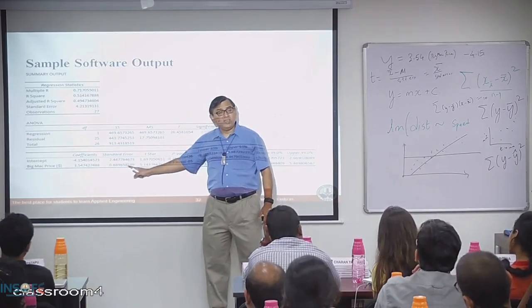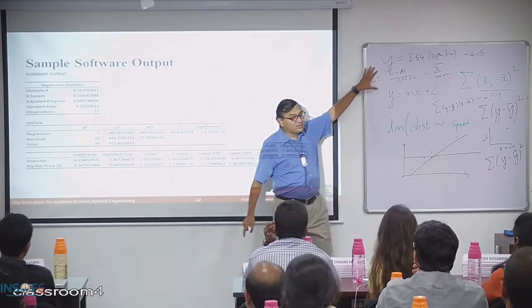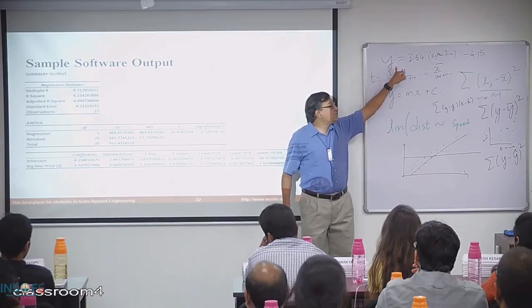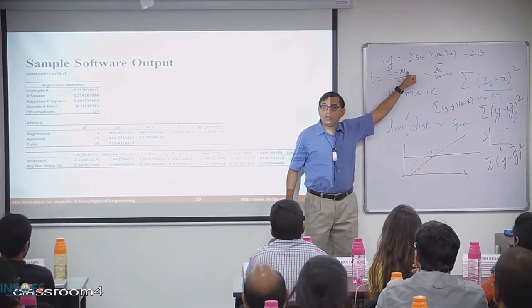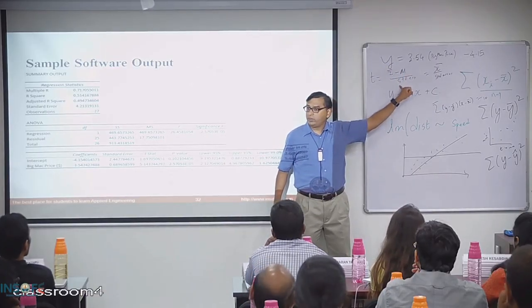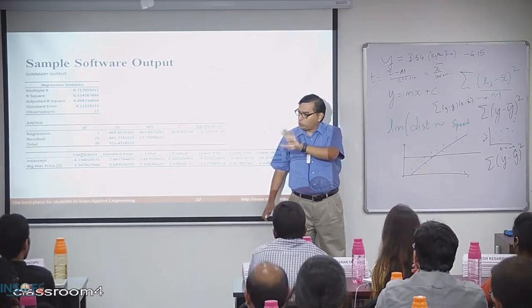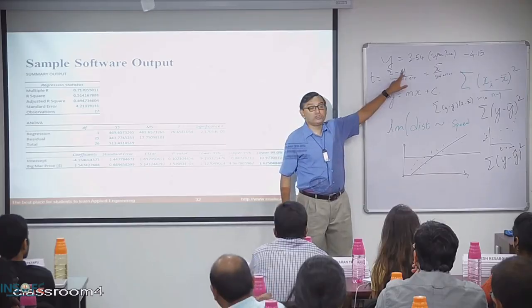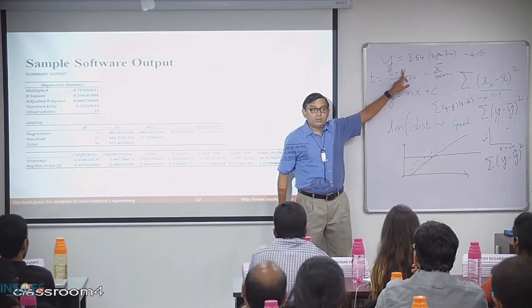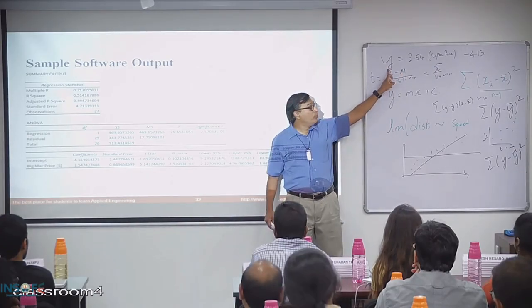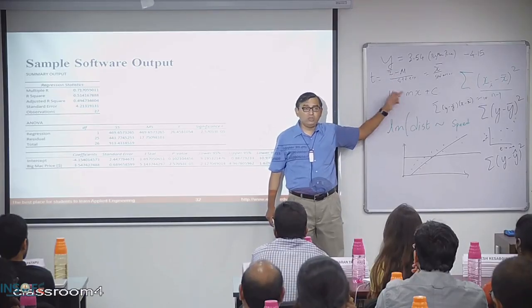Using that, we can compute the t-statistic. The t-statistic is nothing but the sample mean minus the population mean divided by the standard error. Population mean is your null hypothesis mean. If the null hypothesis was true, your population mean is actually 0. So you use the sample slope divided by the standard error, and that gives you the t-statistic.